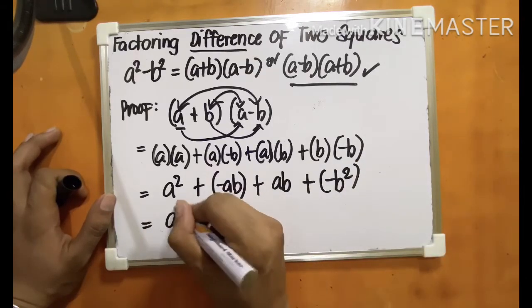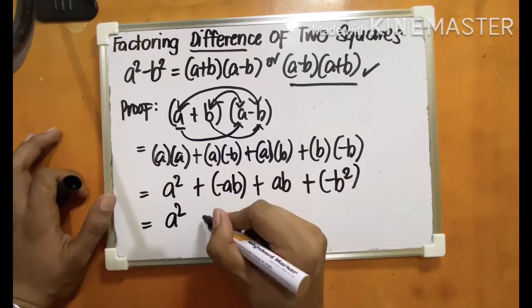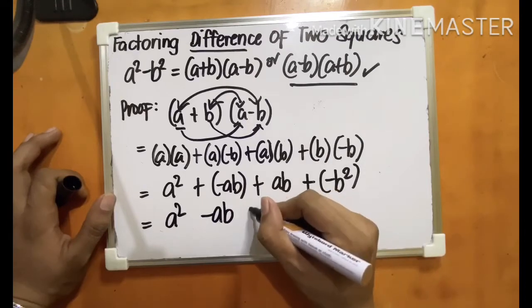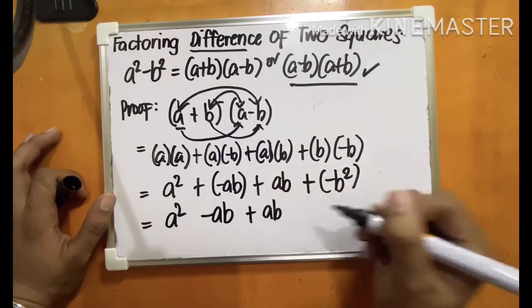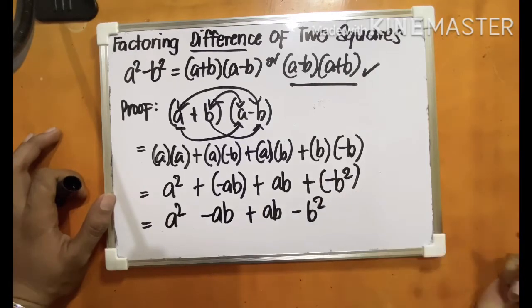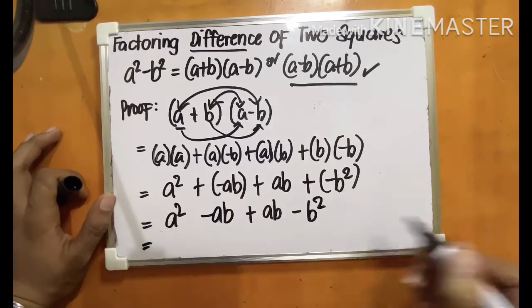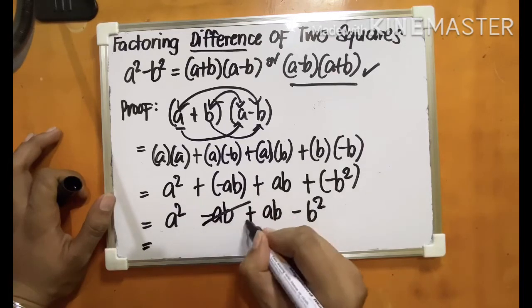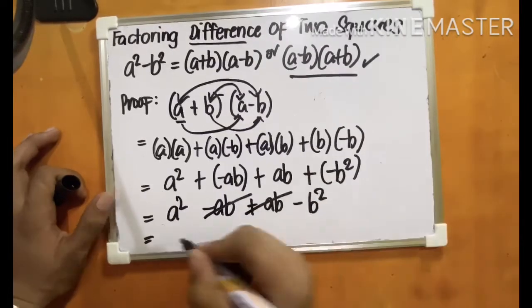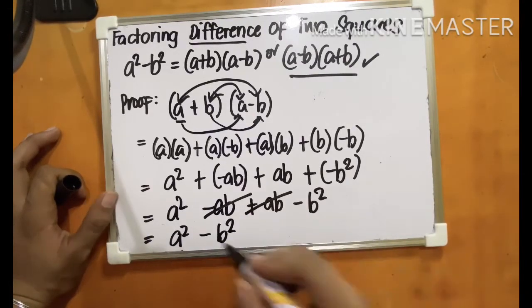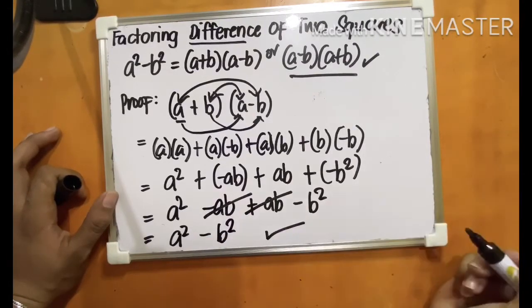Simplify again: a squared, positive times negative is negative ab or minus ab, plus ab, then plus times negative is negative b squared. If you notice, negative ab plus ab is equal to 0. So cancel that one. The remaining is a squared minus b squared. And that is the proof.